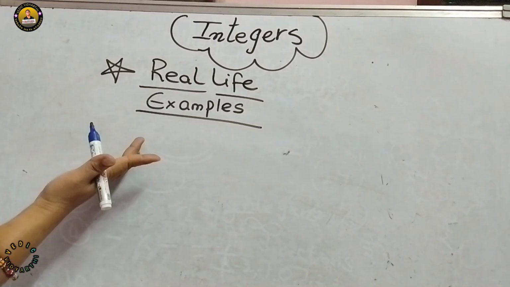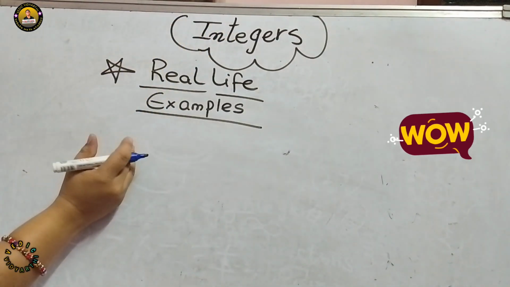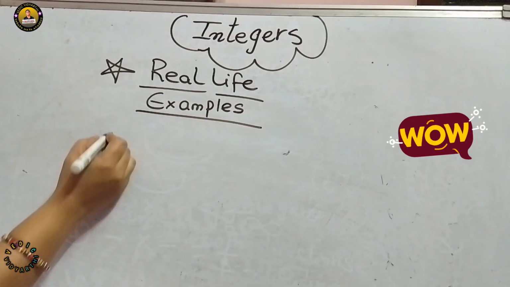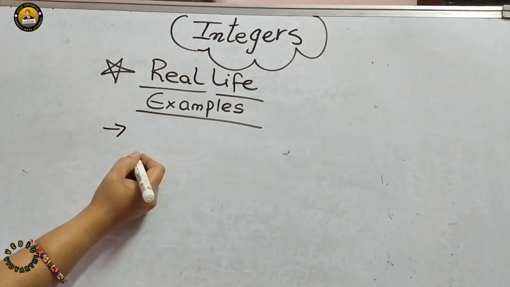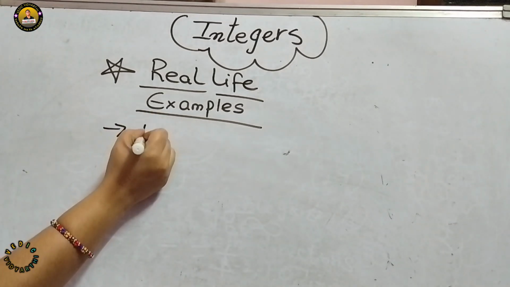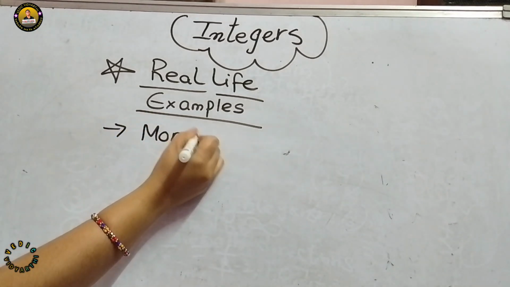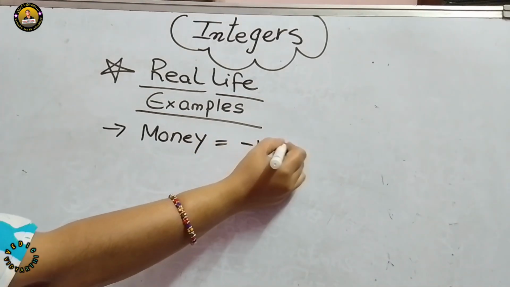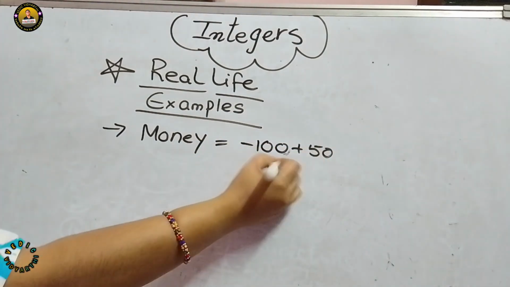So how will the integers help us in real life? Let's look into the example. Integers we will use in the calculation of loss and profit. It deals with the money. Likewise, for example, minus 100 plus 50, such kind of calculations.